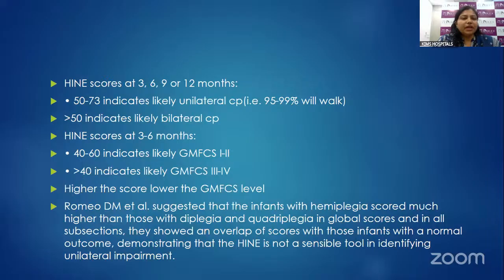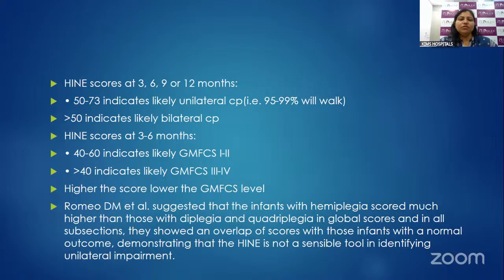If the HINE score at 3 to 6 months is between 40 to 60, it indicates the child will likely fall under GMFCS level 1 or 2. If the score is less than 40, it indicates the child will fall under GMFCS level 3 to 4. So higher score, lower GMFCS level.